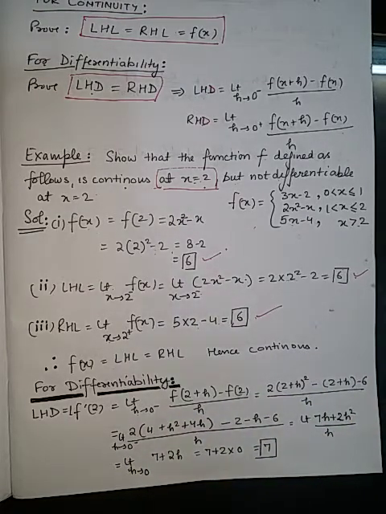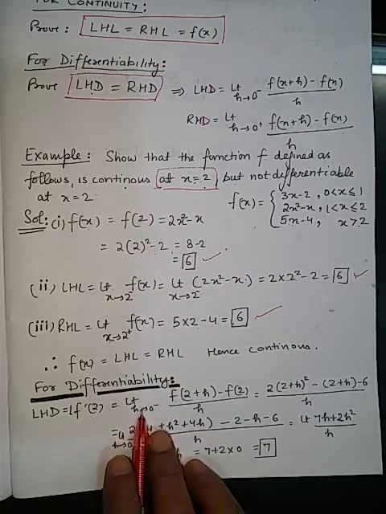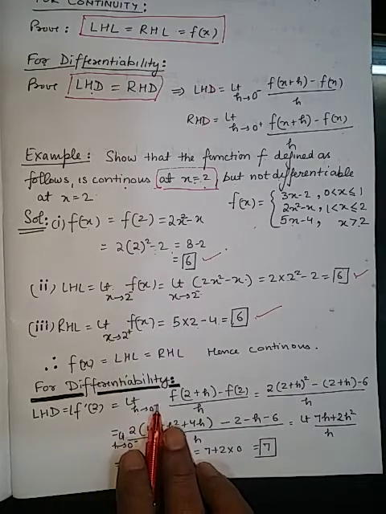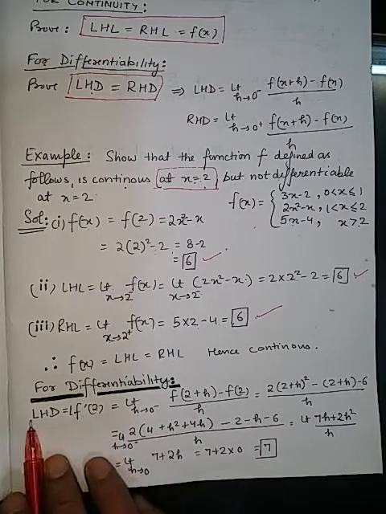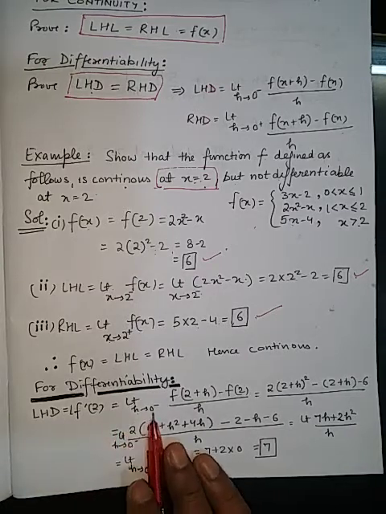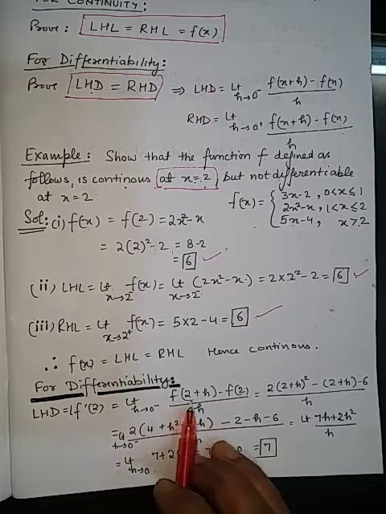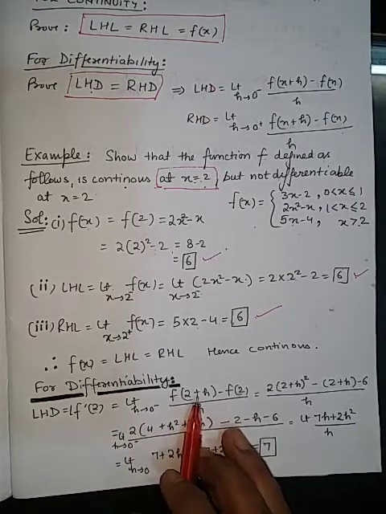H is almost the minimum value. So we have to create this value near to 0, so that will be 0 plus or 0 minus. For left hand derivative, we have to take h tending to 0 minus. For right hand derivative, we have to take h tending to 0 plus, and this formula we have to apply.